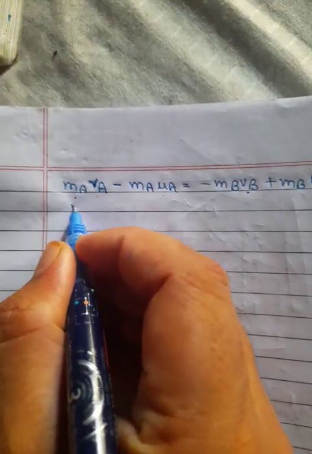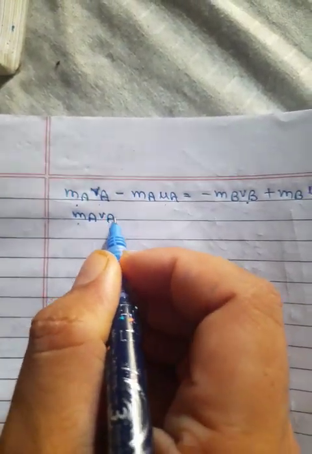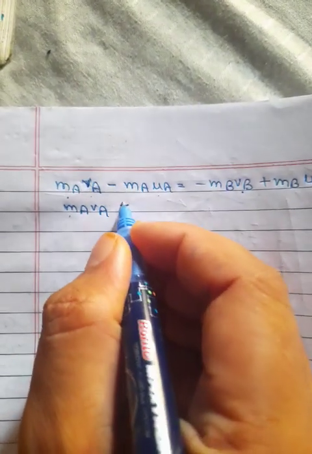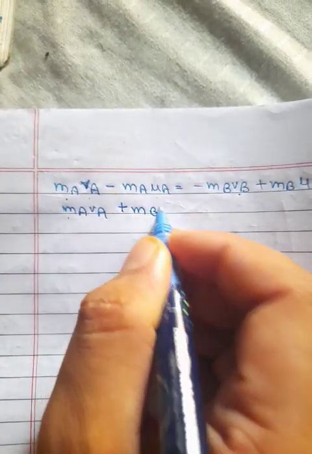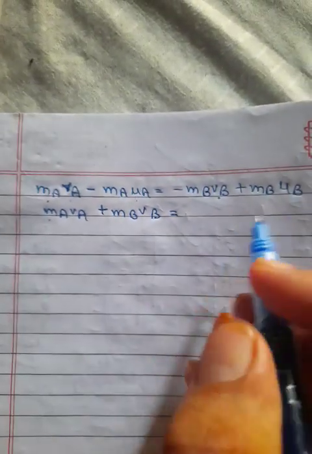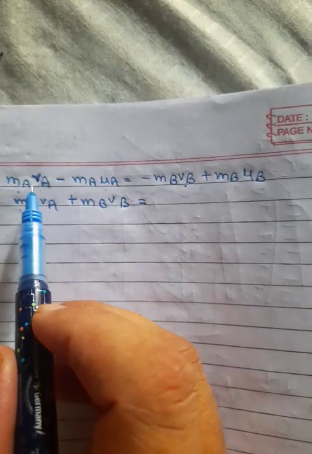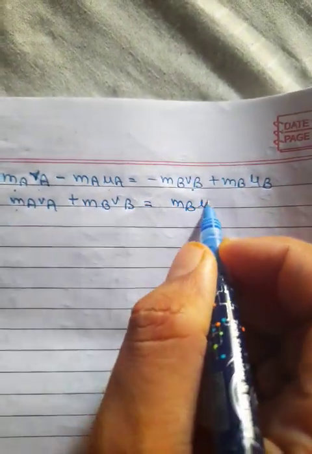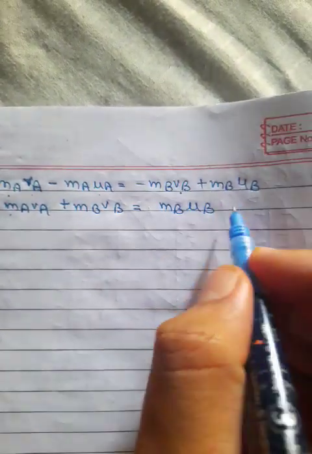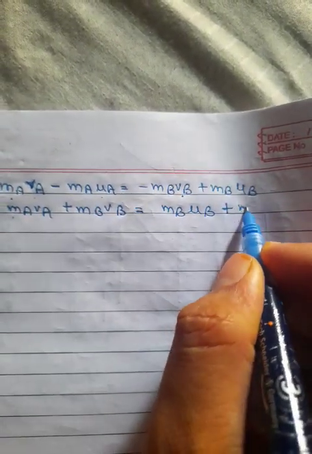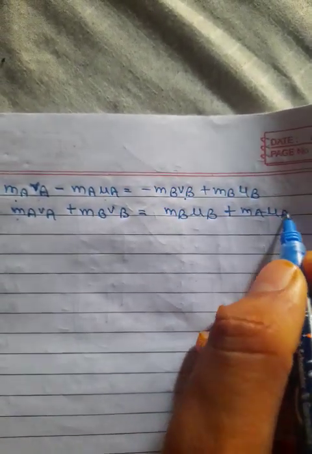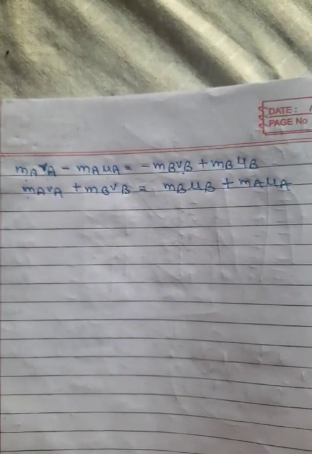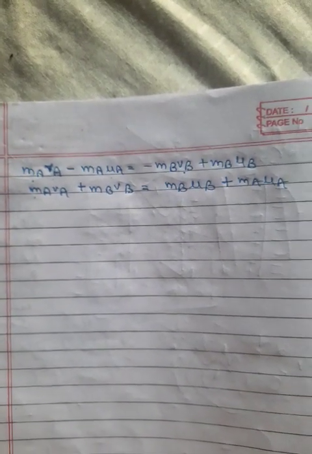So we can say MA VA. Take final velocity on one side, and initial velocity on the separate side. So MA VA, when this side comes to this side it becomes positive, so it becomes MB VB. Same thing here, this MB UB will move to this side and we will get plus MA UA. Okay or not?